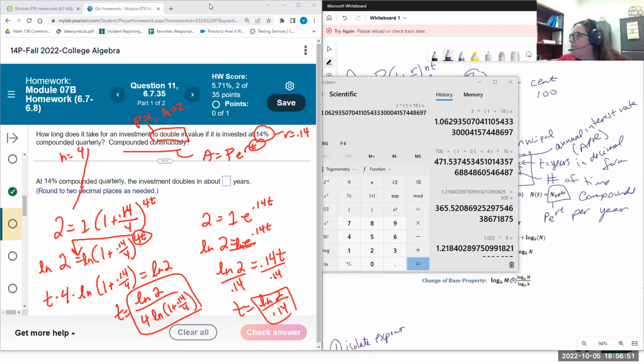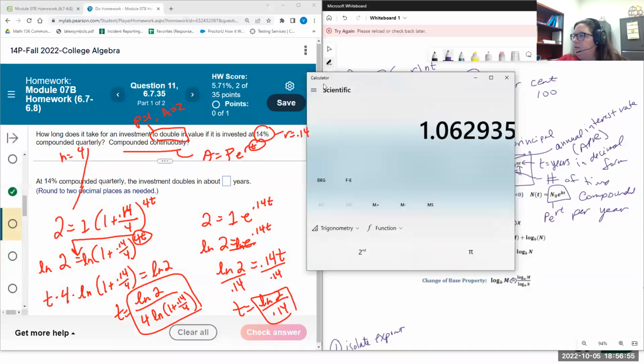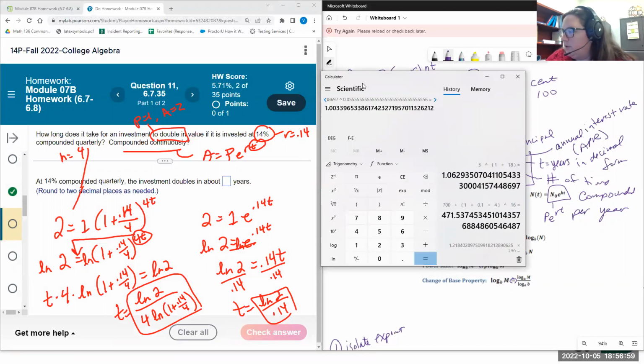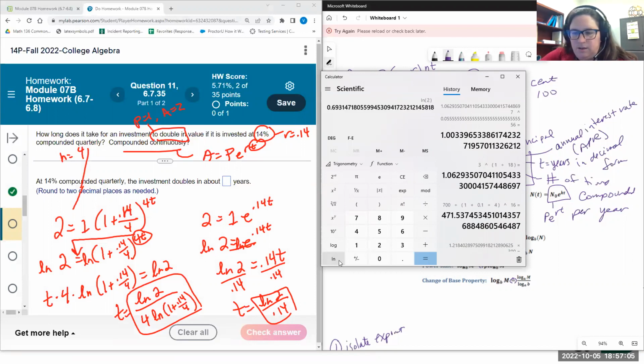I'll go ahead and do that. So let's see, for this first one, it's going to be ln 2 divided by, and then I'm going to put parentheses, 4 times, and then I have to put in parentheses again, 1 plus 0.14 divided by 4.